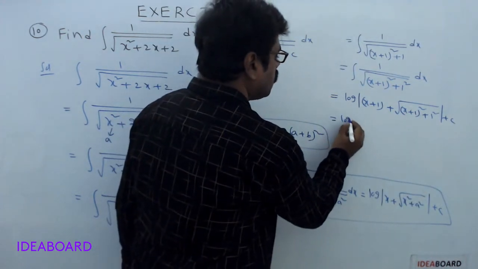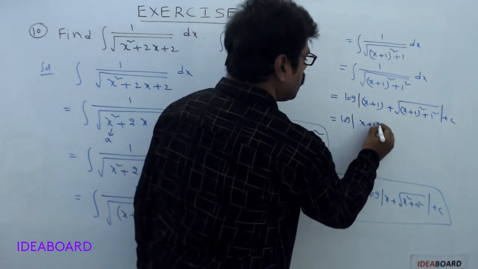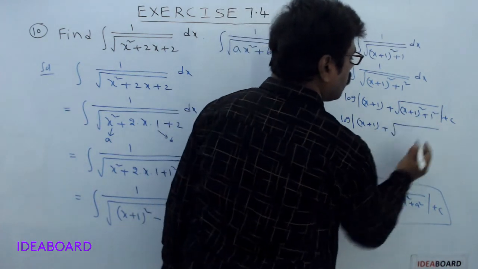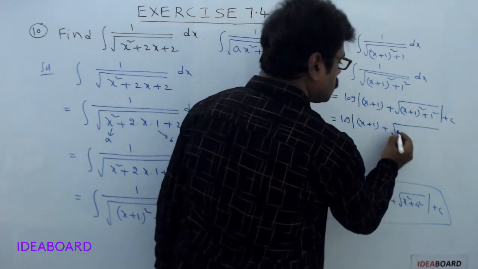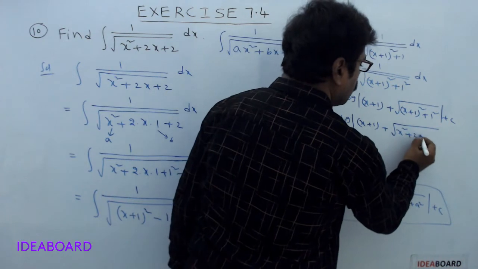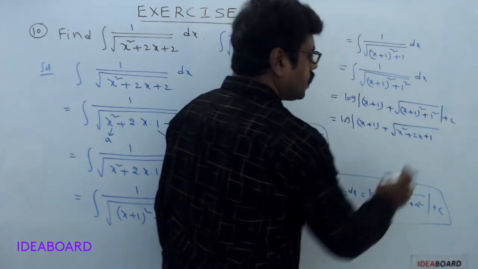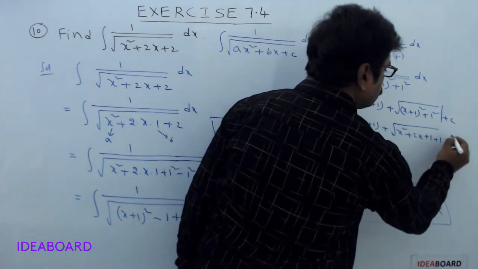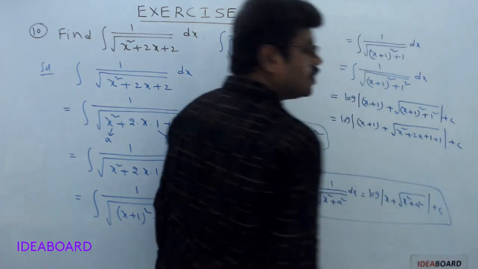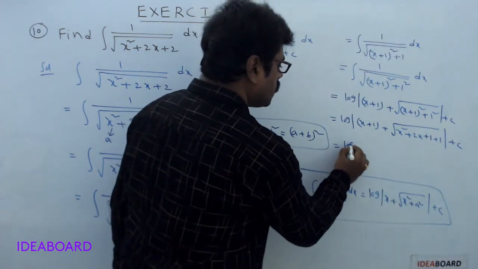Now this is log mod x plus 1 plus square root of, apply the a plus b whole square formula, x square plus 2x plus 1, carry this plus 1, plus c. So finally what is the answer?